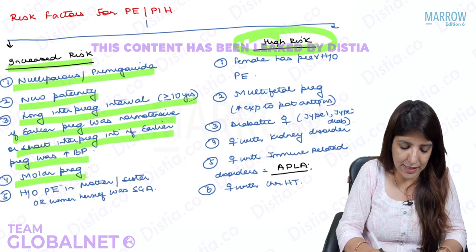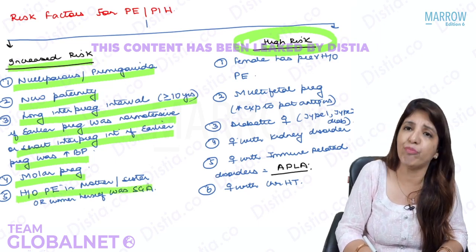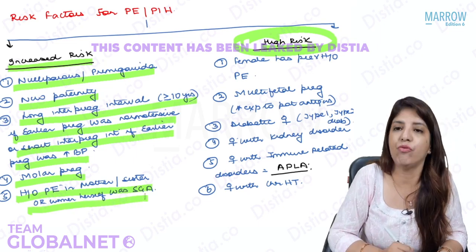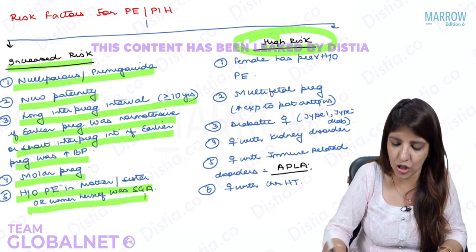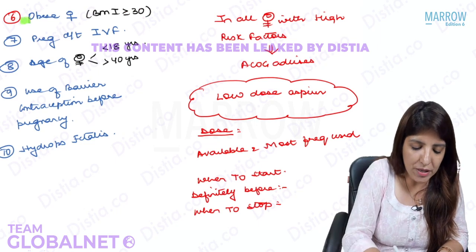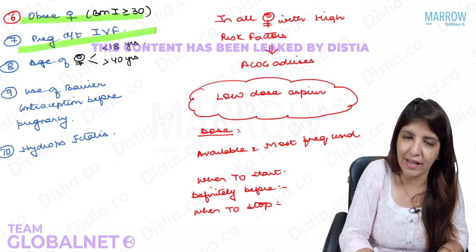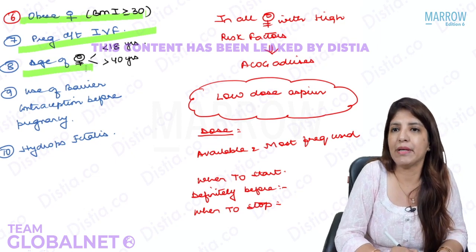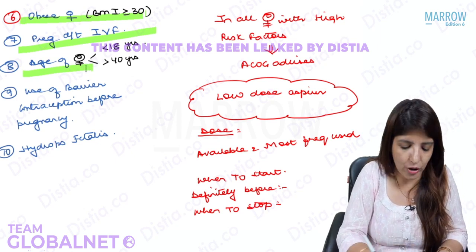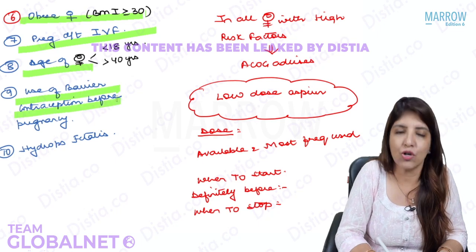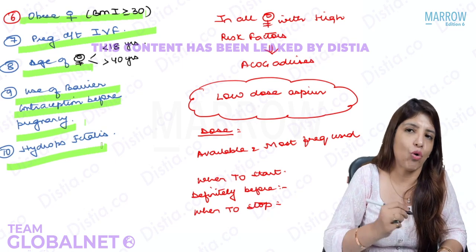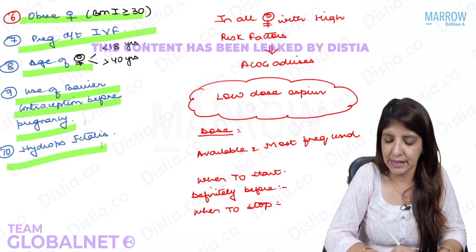Then molar pregnancy, history of preeclampsia in mother or sister, or the woman herself having been a small for gestational age fetus. Then obese females, pregnancy due to IVF, extremes of age, that means pregnancy at less than 18 years or more than 40 years, use of barrier contraception before pregnancy, and hydrops fetalis. So these are all the factors which come under increased risk.